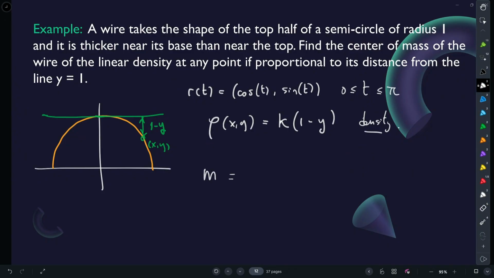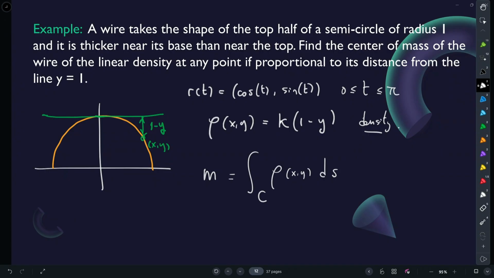The mass will be the integral of the density with respect to arc length. And once I have that, I can compute the x and the y for the center of gravity, the center of mass. By the way, the problem is symmetric with respect to the y-axis.